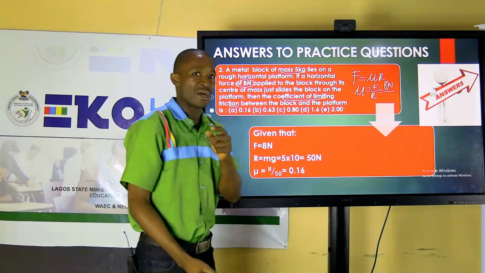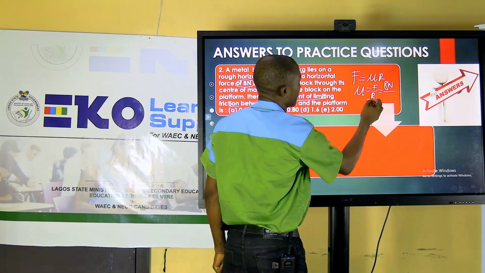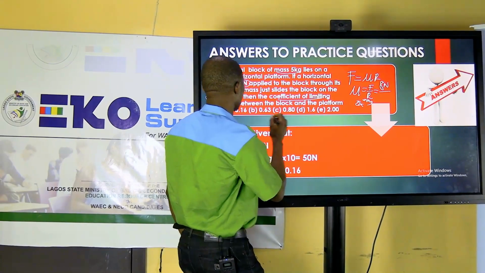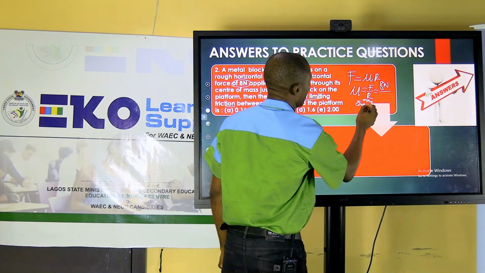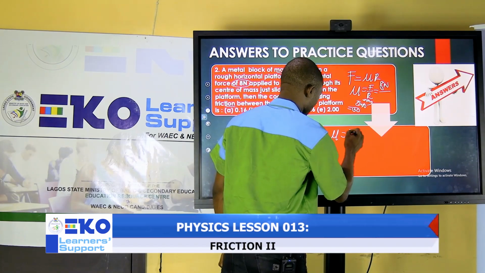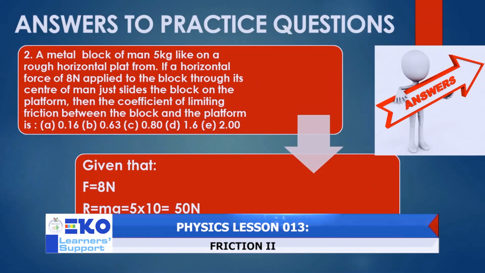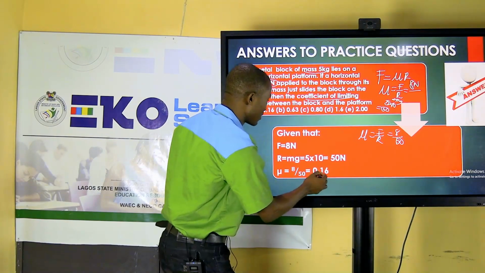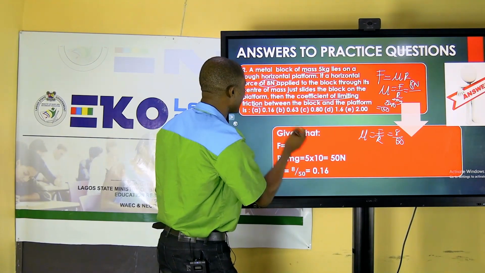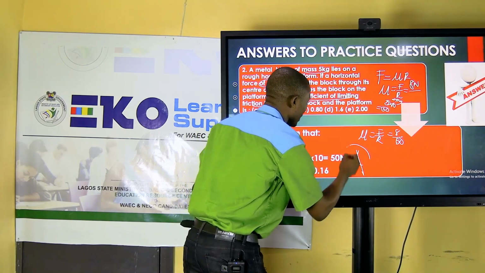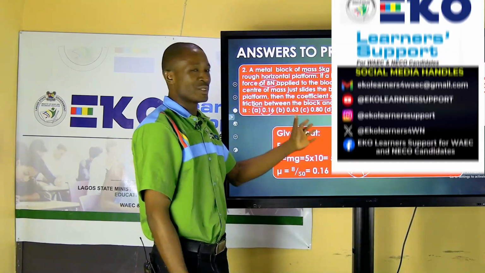The value of R you can get from mg. M is 5, g is given as 10, so 5 times 10 gives us 50. So nu is F over R, which equals 8 over 50, and that is 0.16. 0.16 is option A, so the correct option is option A. That's the correct answer to this question.